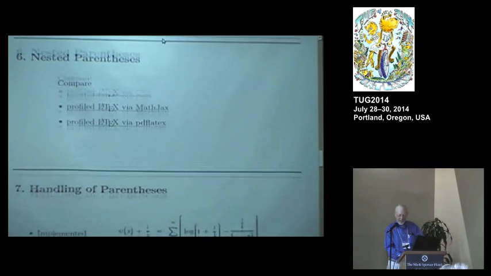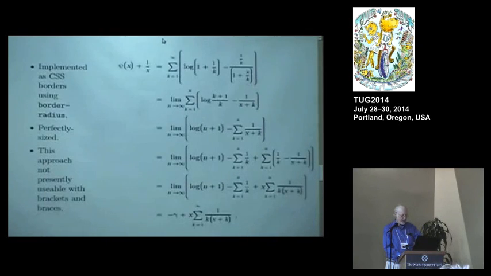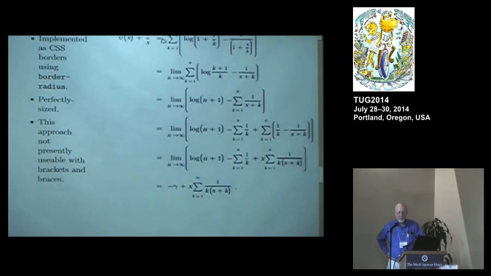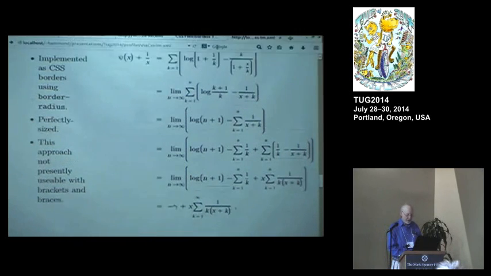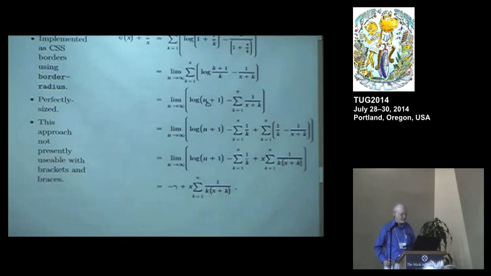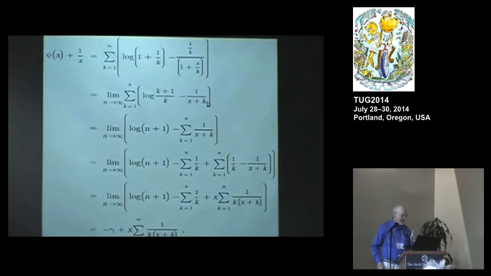All right, handling of parentheses. As I said, they're implemented as CSS borders using border radius. They're perfectly sized, and this is, okay, that's the actual screenshot. I like the way that looks. There are lots of different sizes of parentheses, more than you would easily get using LaTeX.